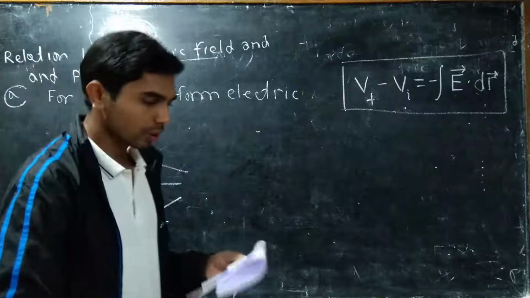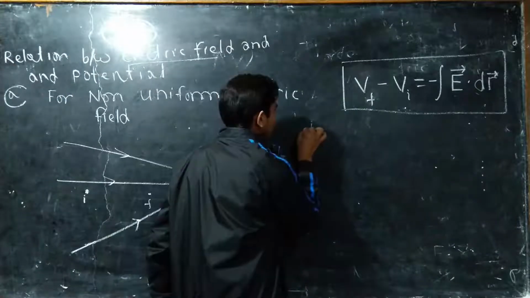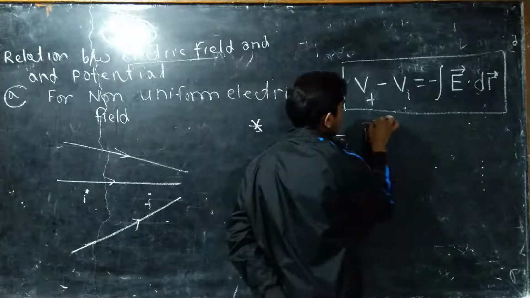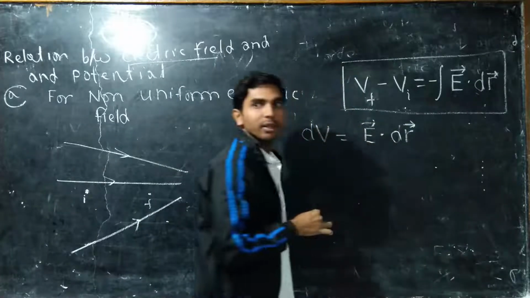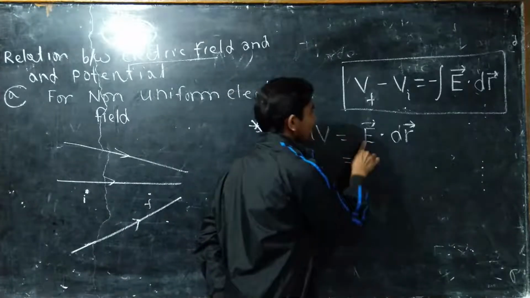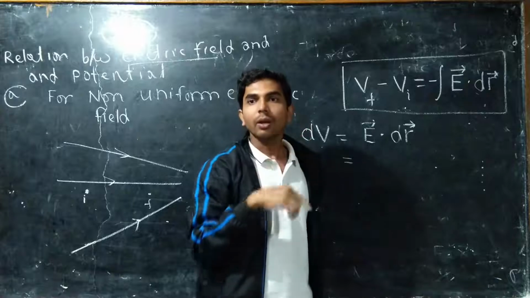Okay, so some more relations I'm going to calculate. A small change in potential is what? E dot dr. Yes or no? And E is the electric field, which can be written in vector form.